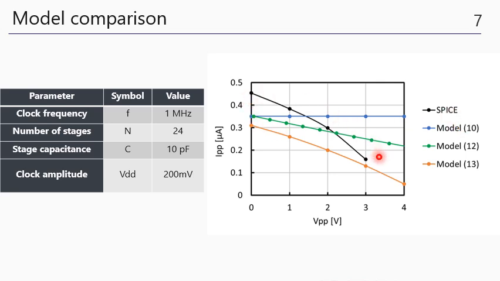And here's the SPICE result of the cross-coupled CMOS charge pump. And here's the very first model with the infinite output resistance, and 12 and 13 were the updates, and model 13 is close to the finite output resistance of the SPICE result.